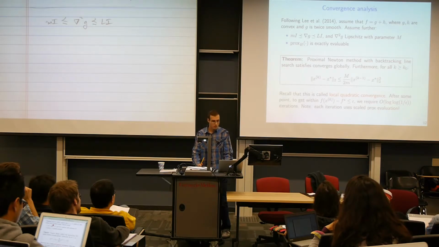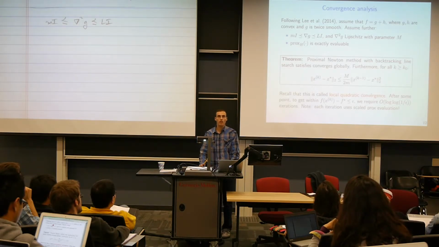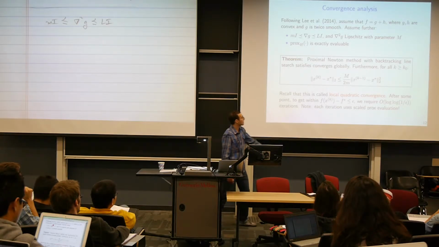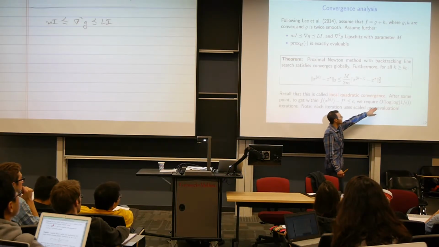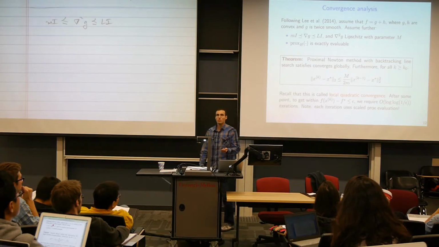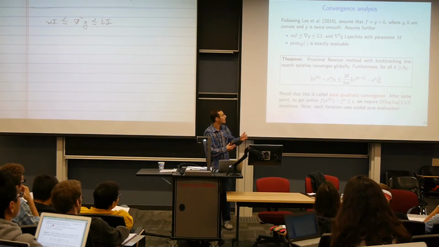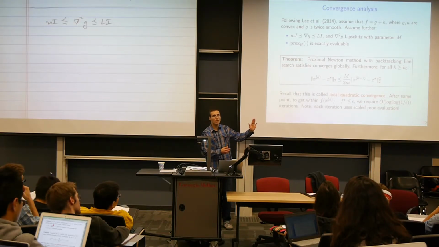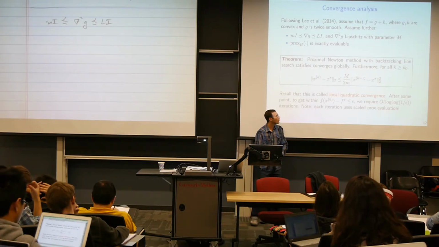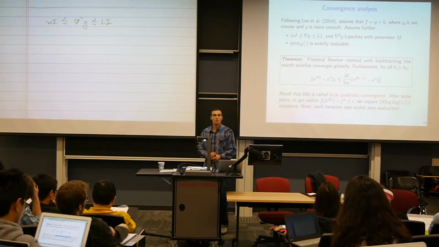This is the same as the guarantee we had for Newton's method after some point, and it leads to a bound like this, log 1 over epsilon steps to get an epsilon suboptimal solution after k0. That's what we call local quadratic convergence. Because once we get to that point, k0, then we only require this many iterations, log 1 over epsilon, to get an epsilon suboptimal solution.